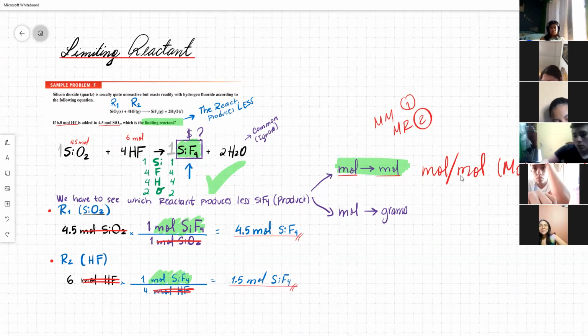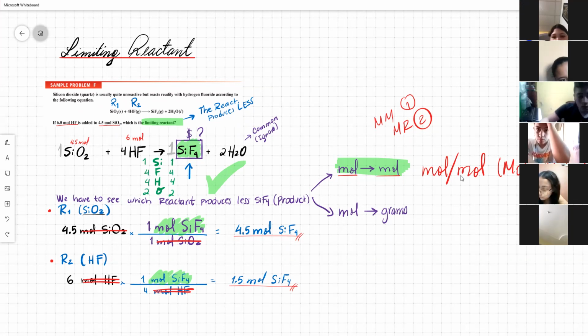Now, you have two answers, and now we need to answer the question. The question says, which is the limiting reactant? And I told you in the beginning, the limiting reactant is the one that produces less. So which one is the limiting reactant? The second one. Because this is the lesser amount of product, I have to write the reactant that produces less, and that reactant is hydrogen fluoride.